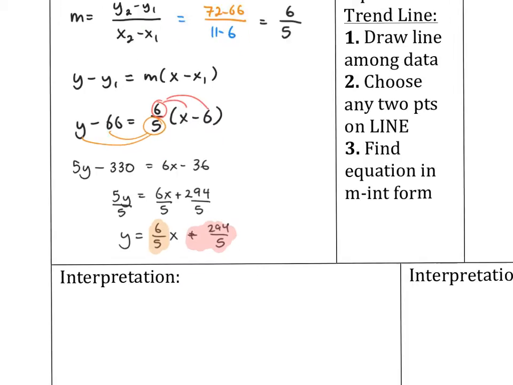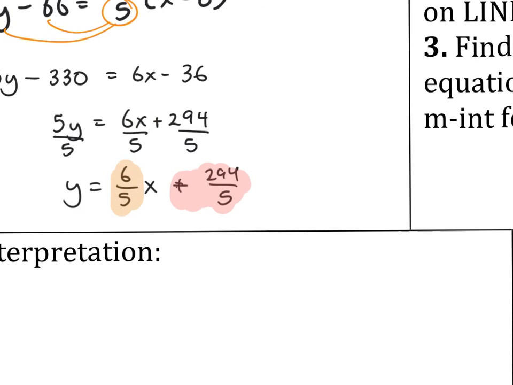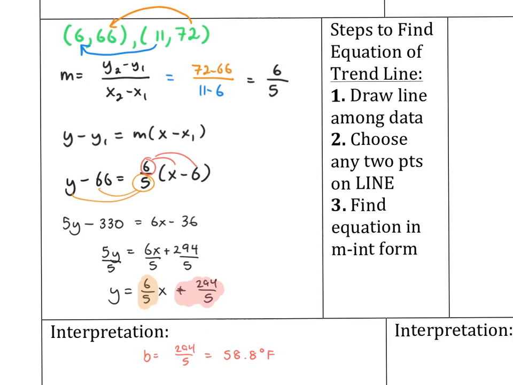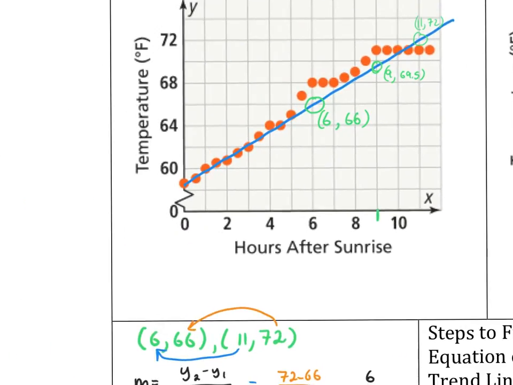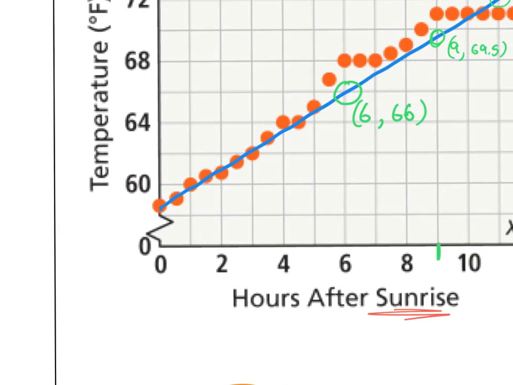Okay, now let's interpret. First off, my b in my slope-intercept form there, the b is equal to 294 divided by 5. And what does that equal? It's 58.8. 58.8 what? Degrees Fahrenheit when? That means when sunrise happened.